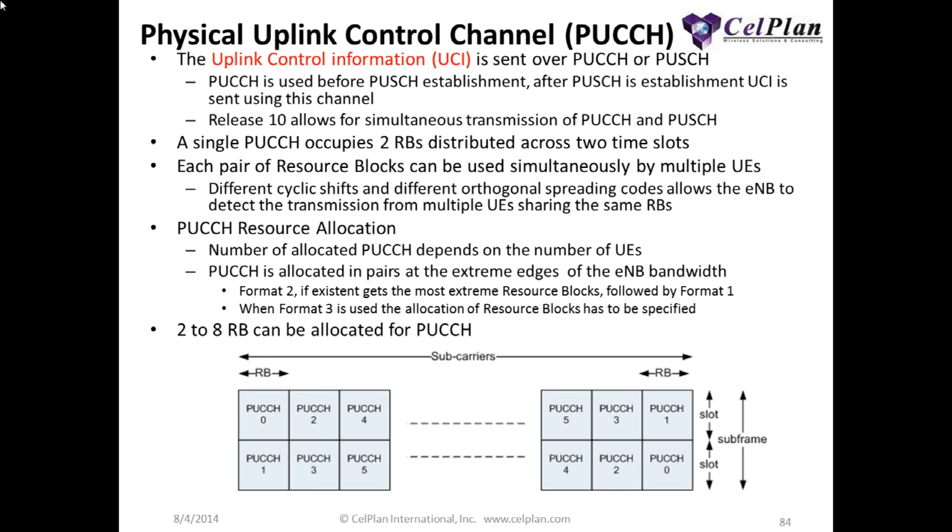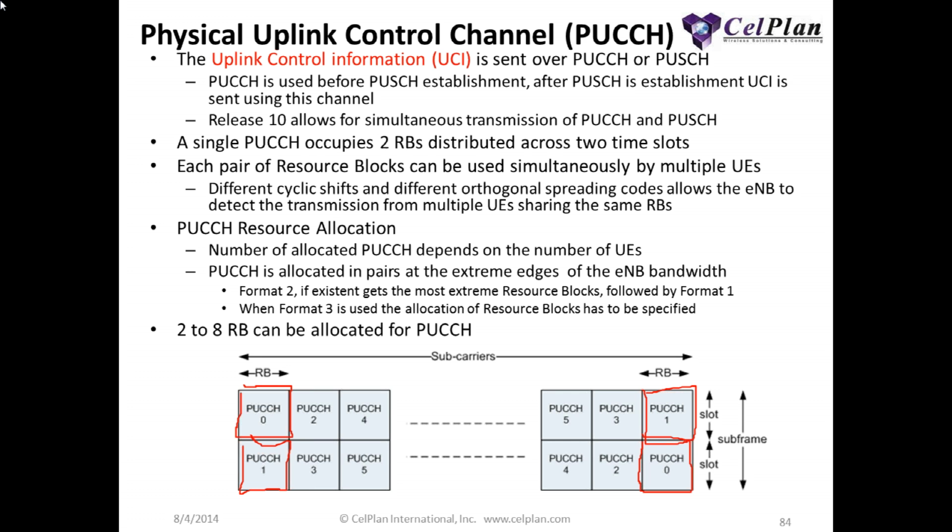Basically, one channel is one resource block on one slot and one resource block on the other slot on the 2 extremes of a subframe. And the next channel is reversed, and so on.